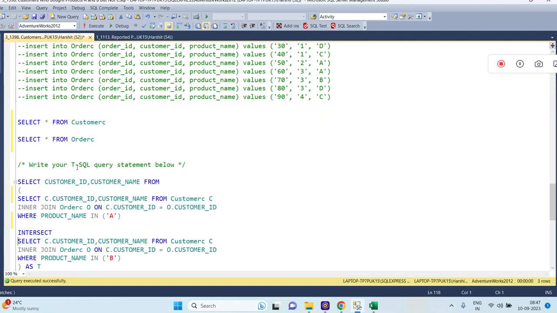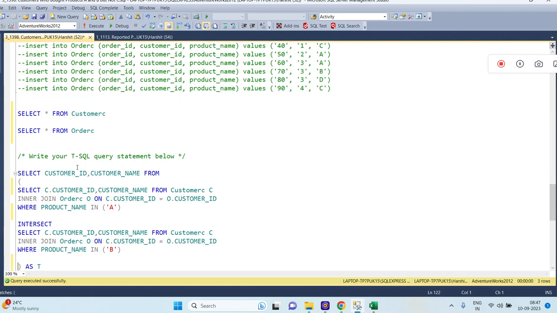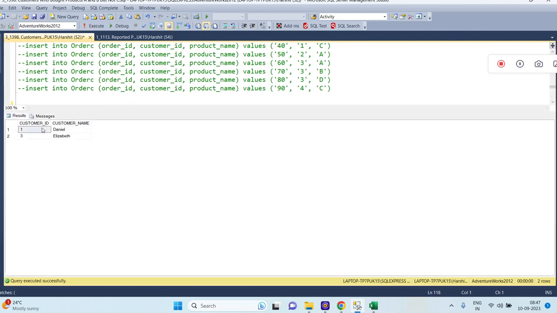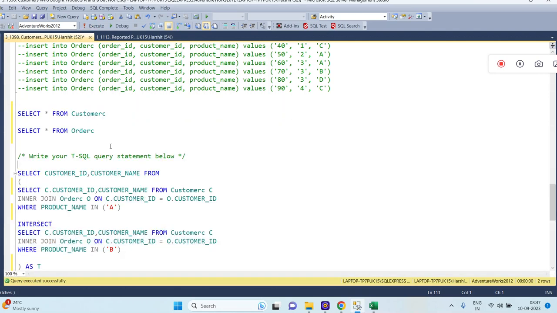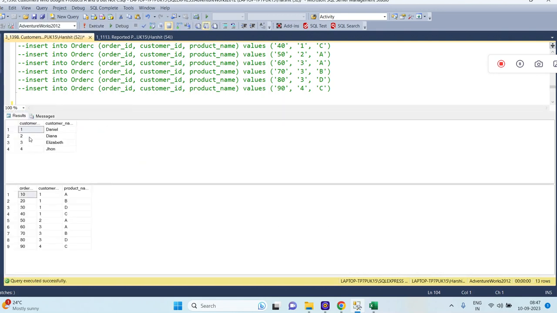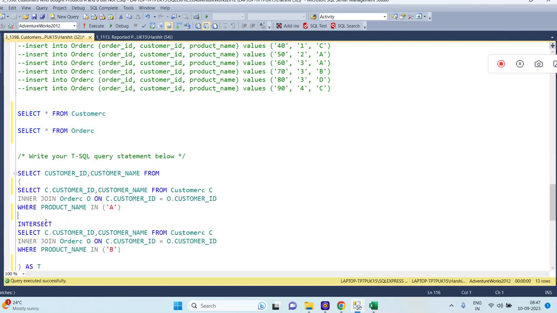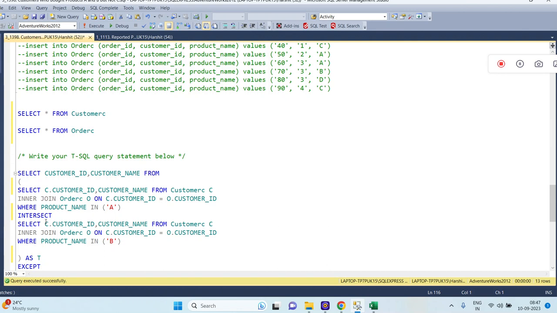Now we need to identify which customers have purchased product B. Only 1 and 3 have purchased product B. 2 has purchased only product A but not product B, so 2 is eliminated here. Now we need customers who have purchased both product A and product B, so we have used the intersect here.